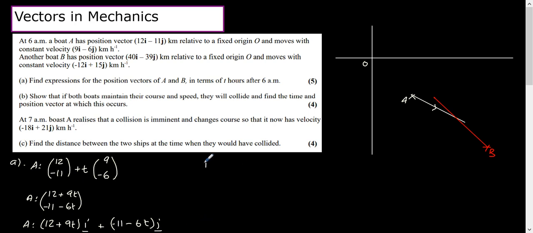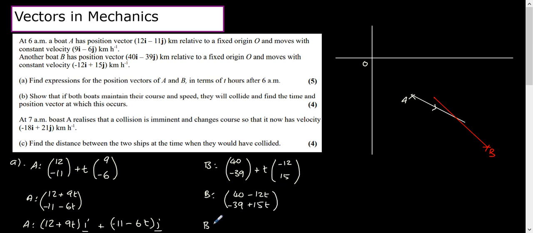For B, we're going to do exactly the same thing. We're going to write its starting point, which is 40, minus 39. And then we're going to multiply its velocity vector by t, which is minus 12 and 15. We'll combine those two into a single column vector. So we have 40 minus 12t, and then we have minus 39 plus 15t.